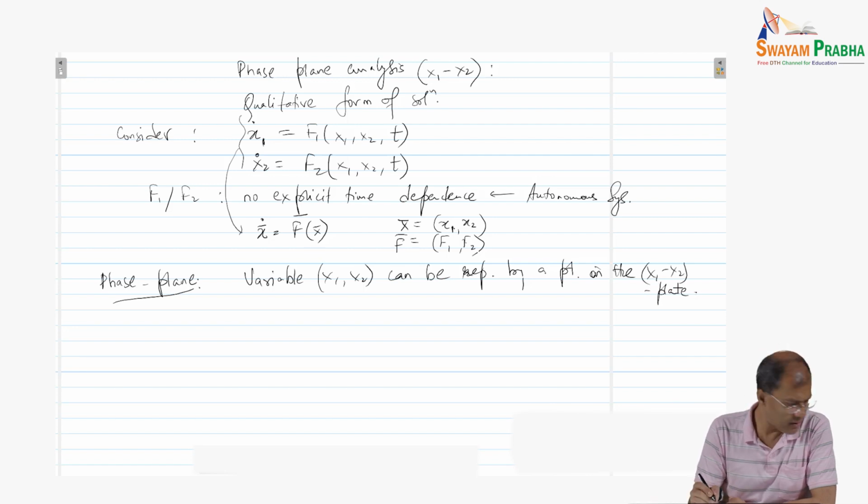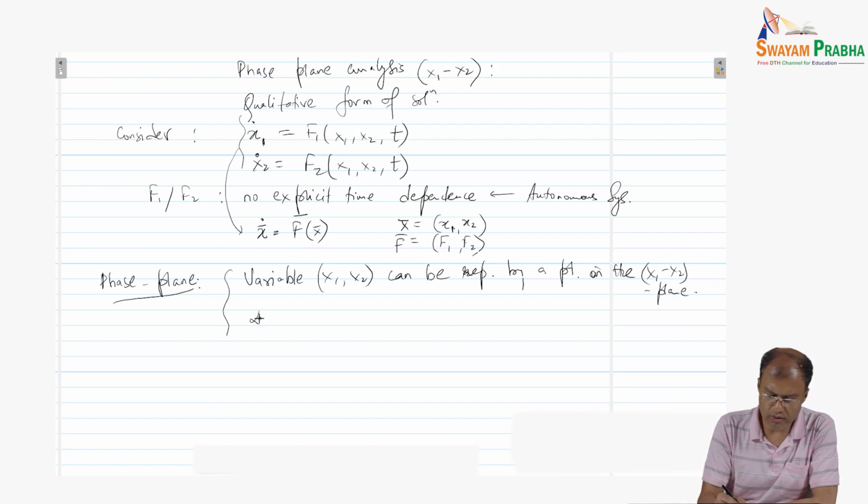We call the set of all these points the phase plane, right?